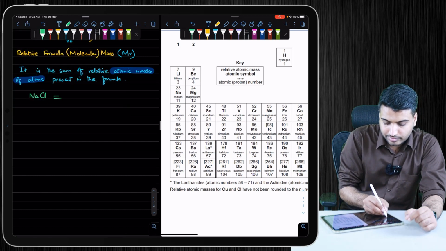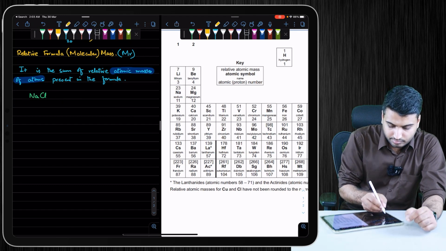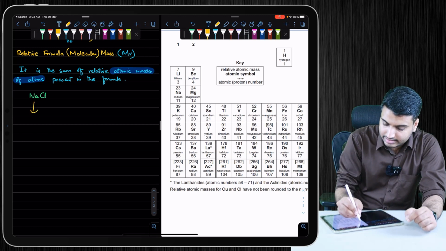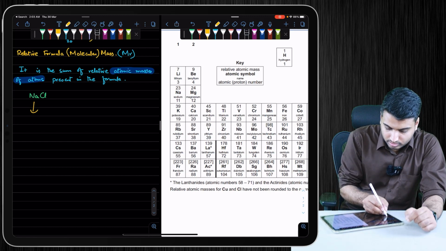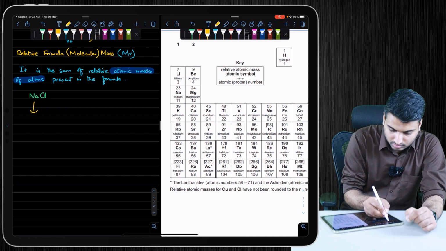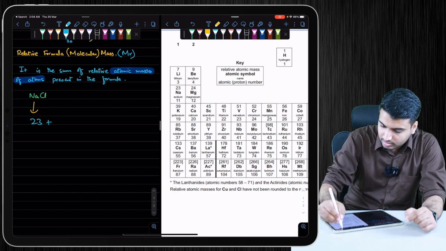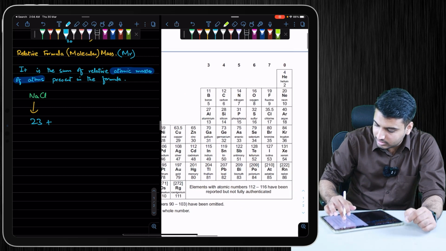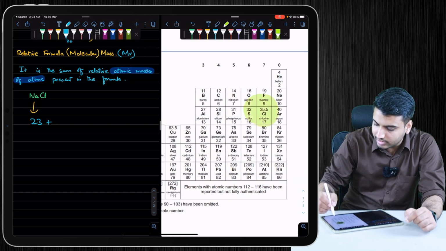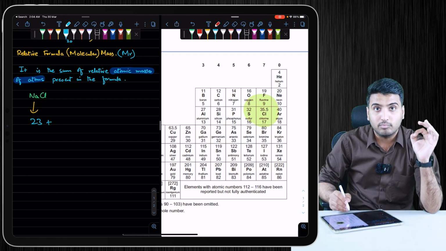So for Mr of sodium chloride, sodium represents 23, and Cl is here, it represents 35.5.